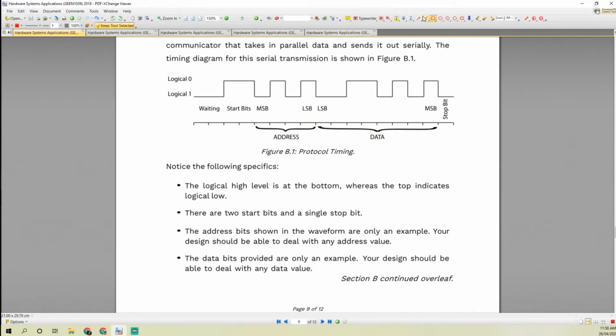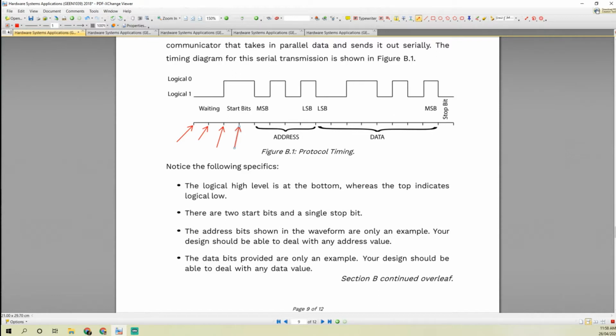Right? So what that means is that every mark here could be considered the rising edge of the clock which governs the overall system. So on every rising clock edge, we're going to send one bit at a time to the receiving end of this serial communicator. Okay?